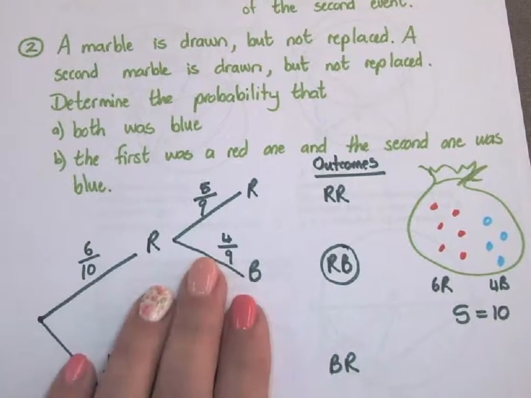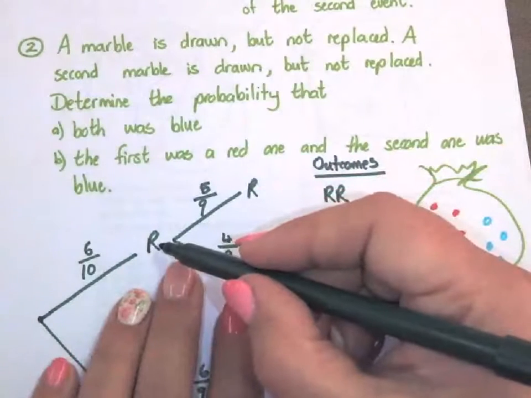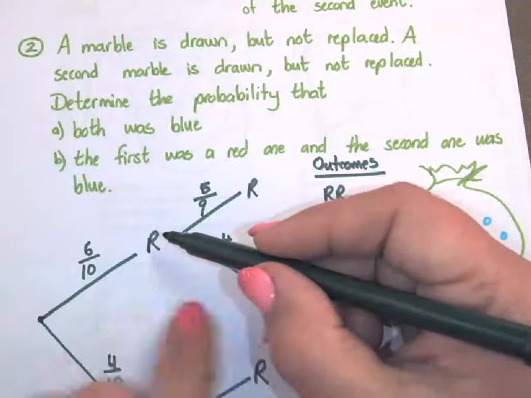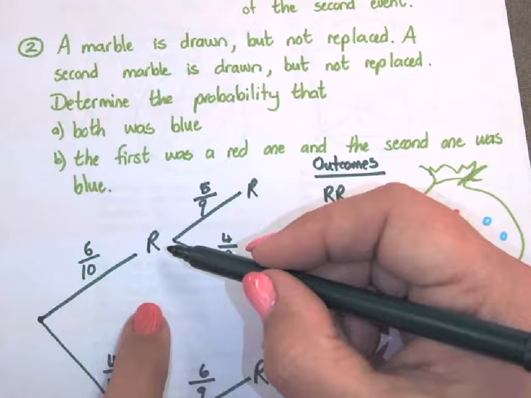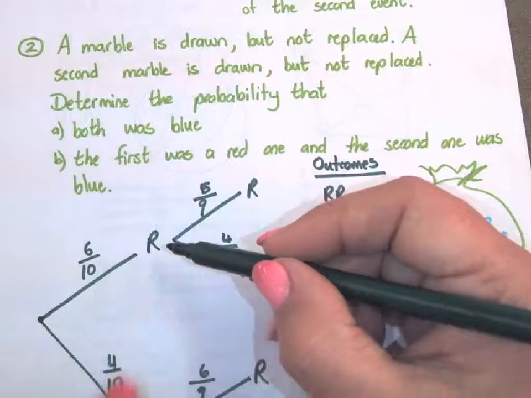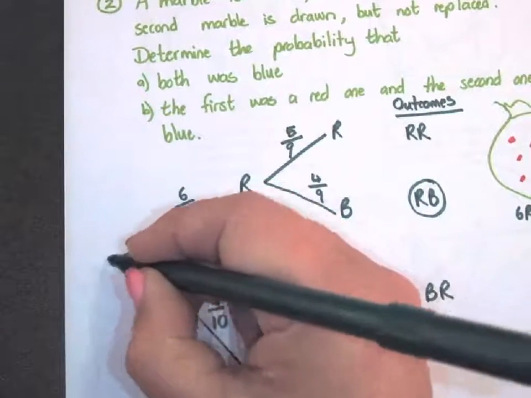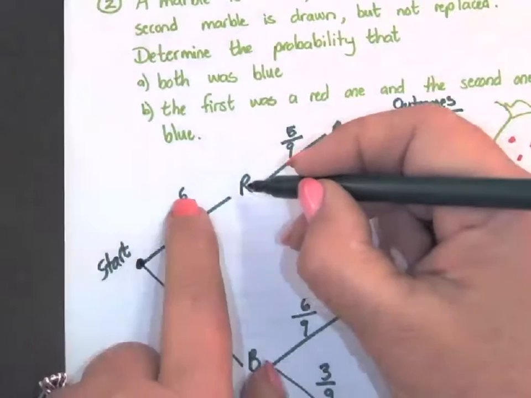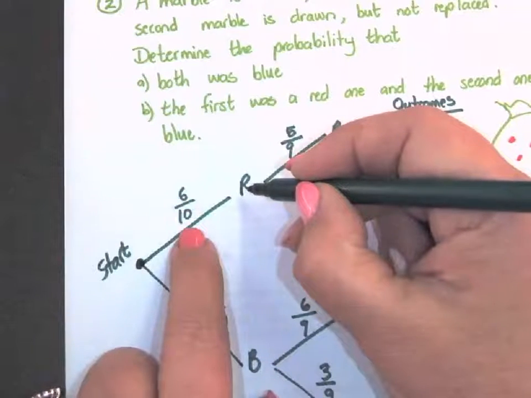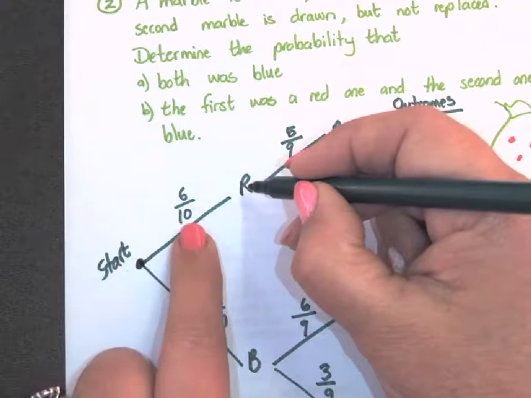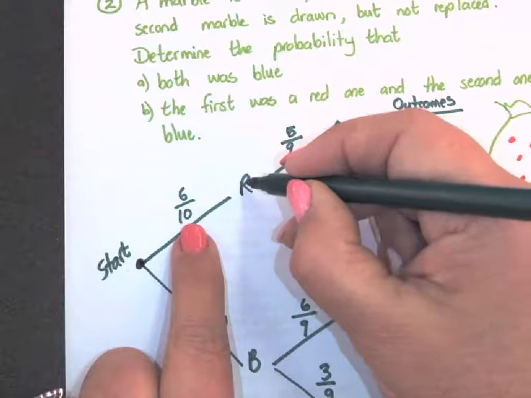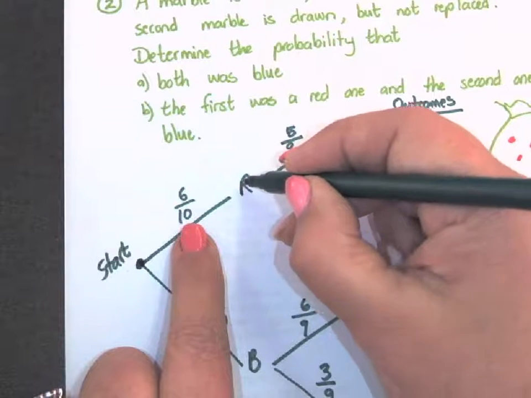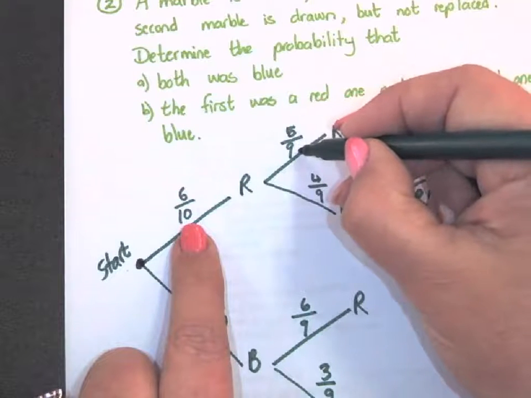Now, if you draw a red one, there was 6, now you draw 1. This is the start. From the 6 red of the 10 marbles, you draw a red. So now there are 5 over 9 left.